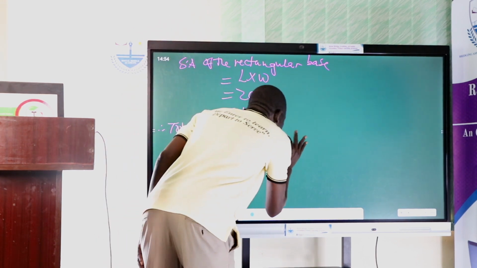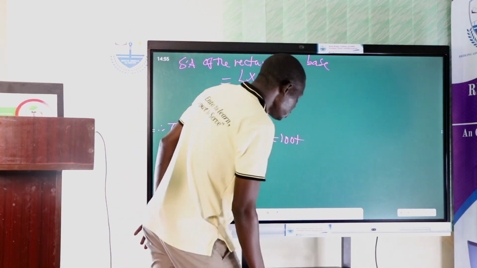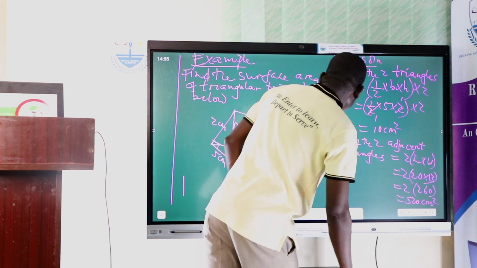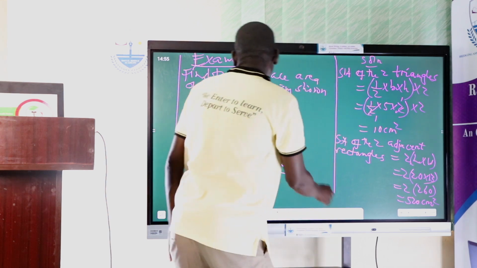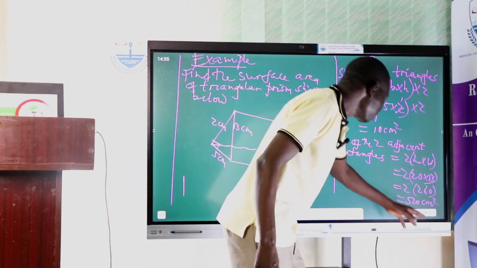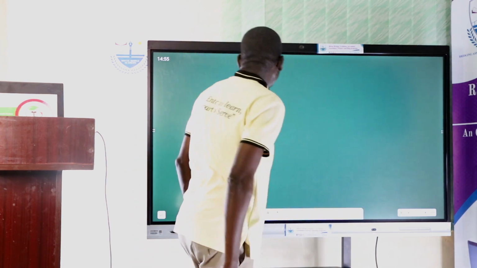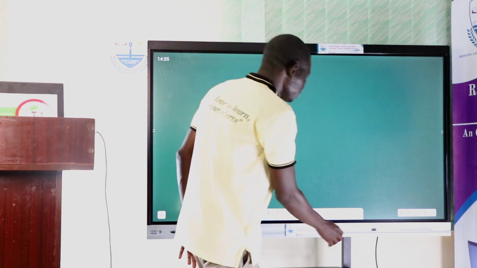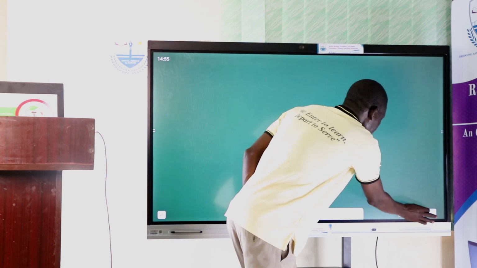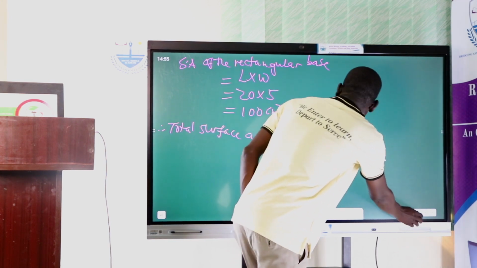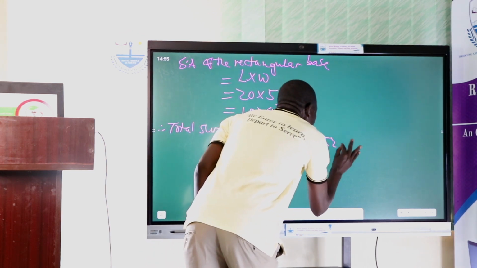So we get 100 plus 10, plus 10, then plus 520 plus 520.